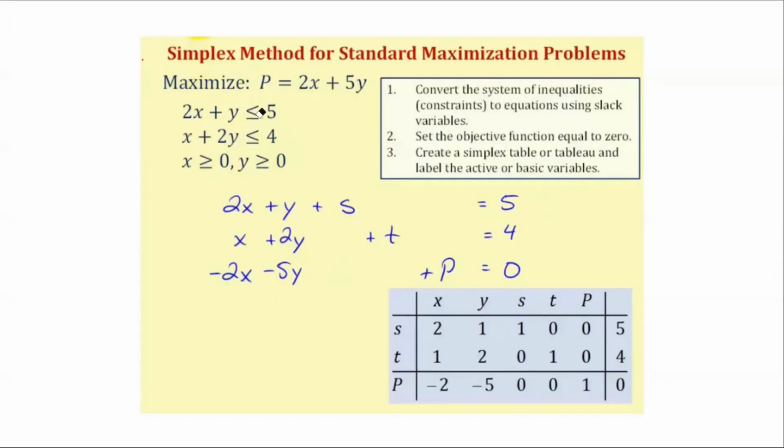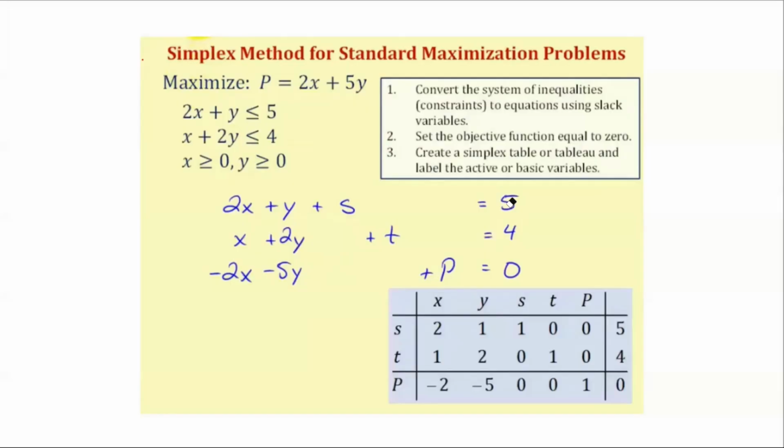Notice I'm replacing the inequality sign with an equal sign. So what takes up the slack? Remember, 2x plus y is less than or equal to 5. By introducing s, if you add a certain number to 2x plus y, it's going to be equal to 5. So we call s a slack variable, right?